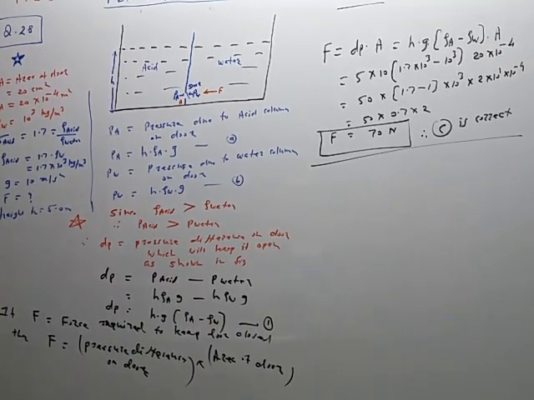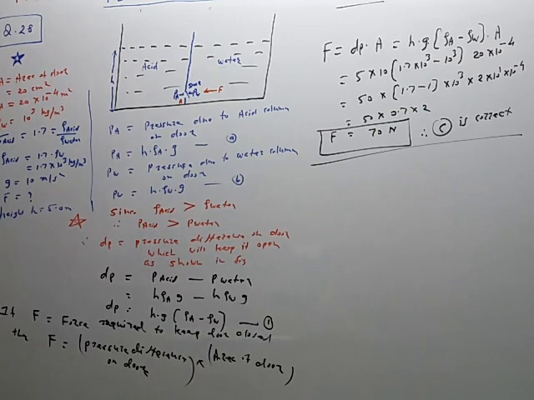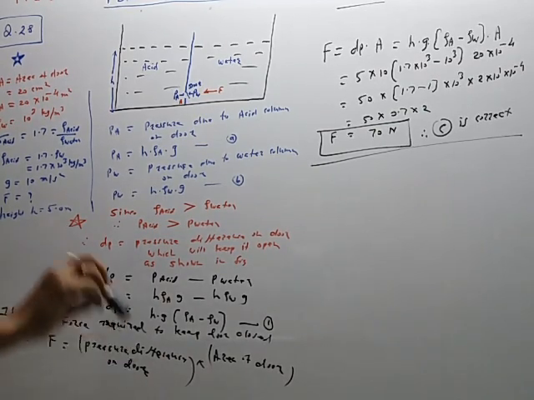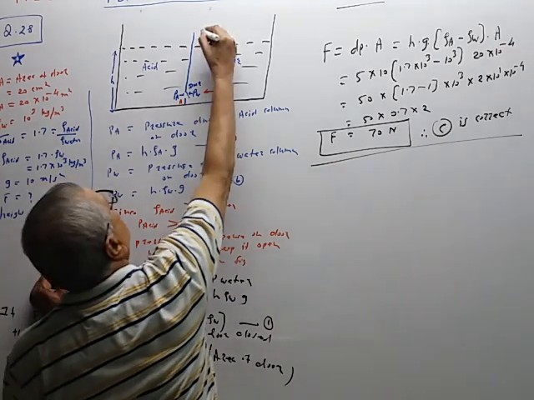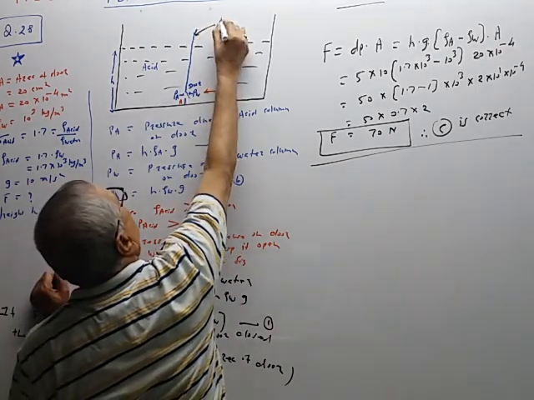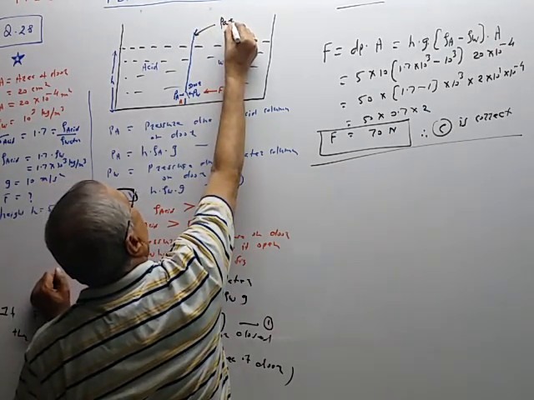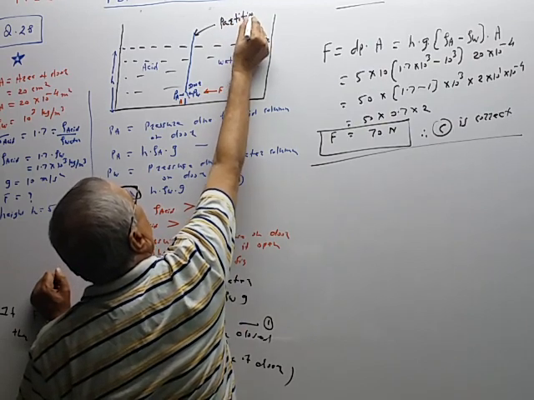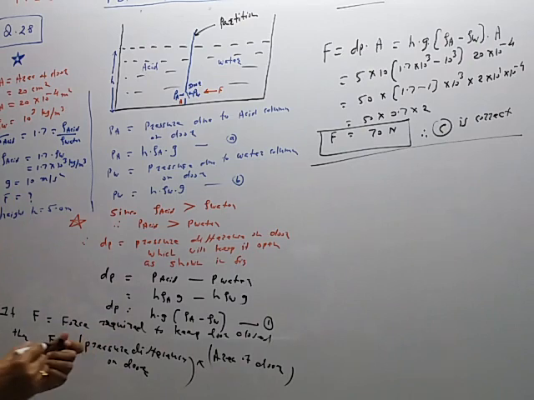So see the arrangement. This is a partition which has a door at the bottom. This is the door.